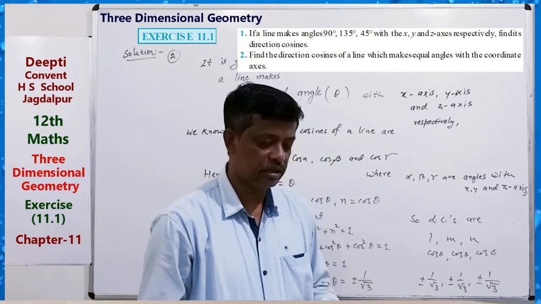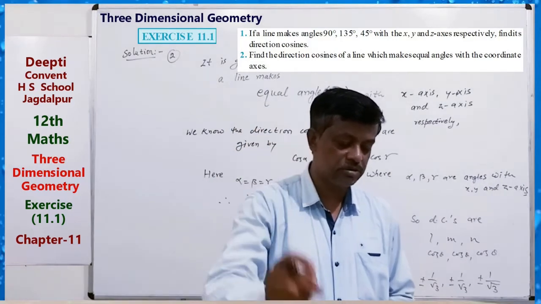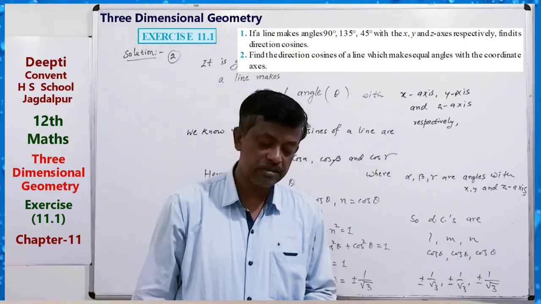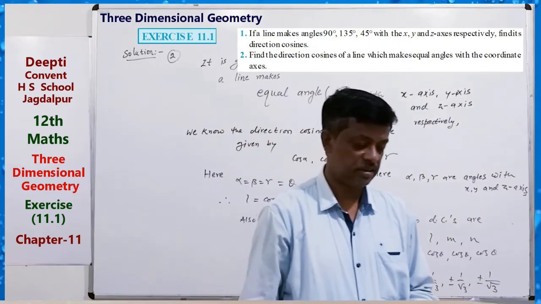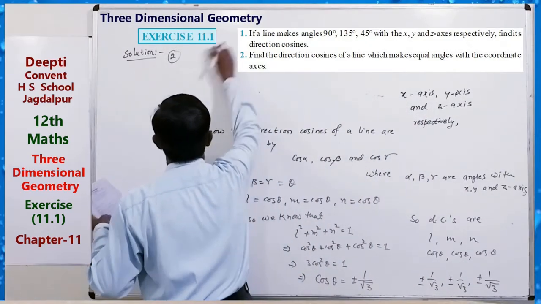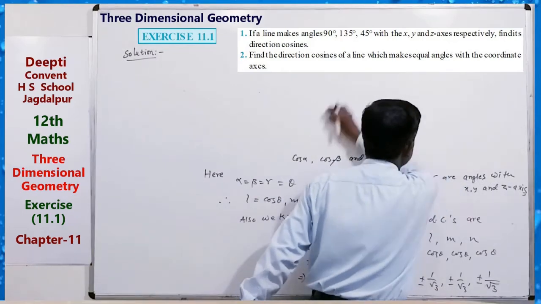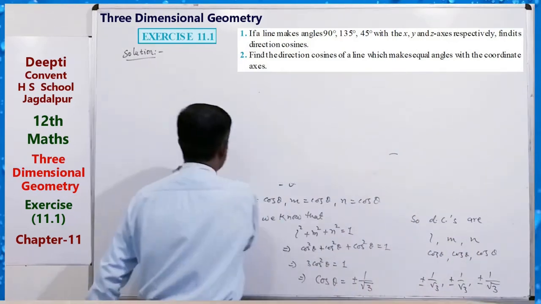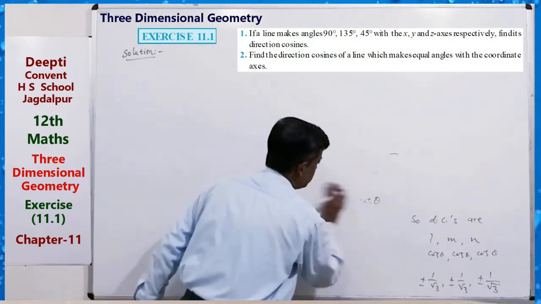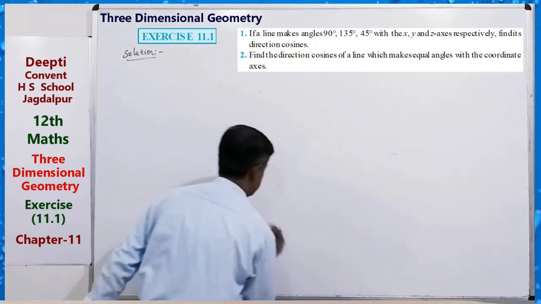Now question third. If a line has direction ratios minus 18, 12, minus 4, then what are its direction cosines? Ratios are given and direction cosines we have to find. So we know direction cosines in terms of direction ratios. So just write values there and you can get direction cosines. Okay.